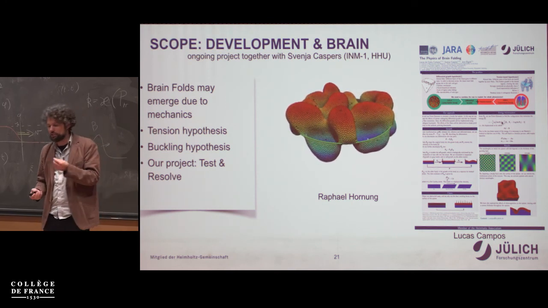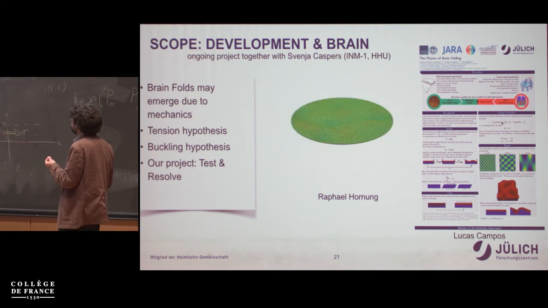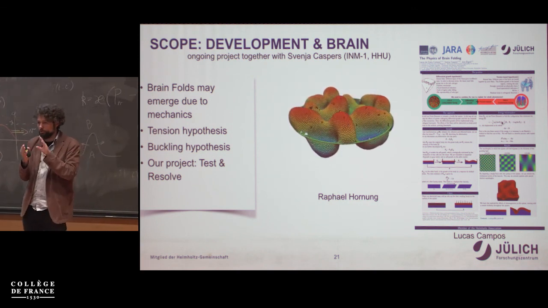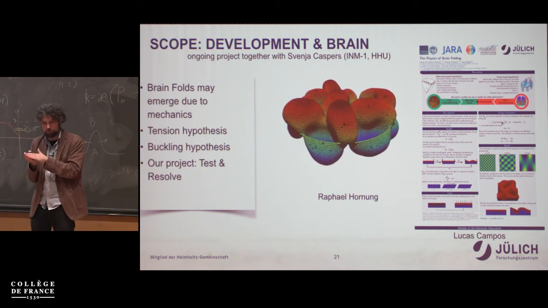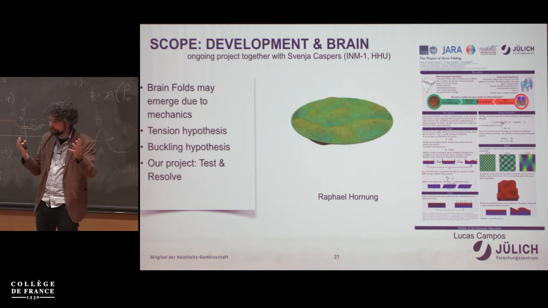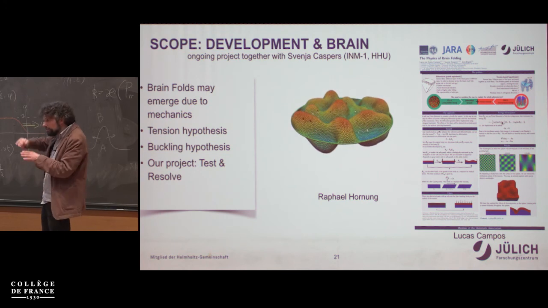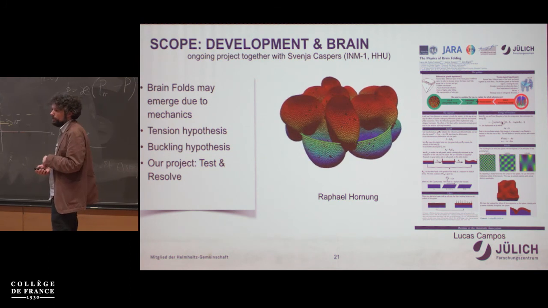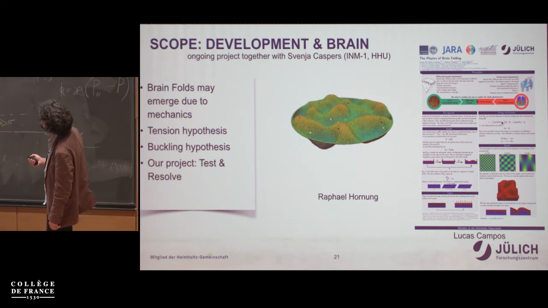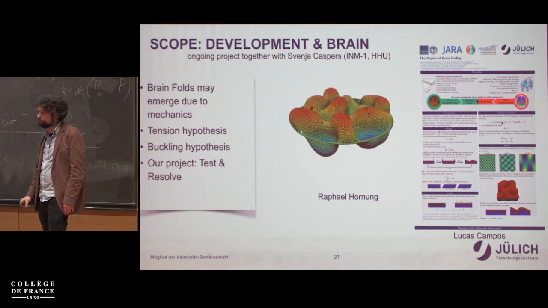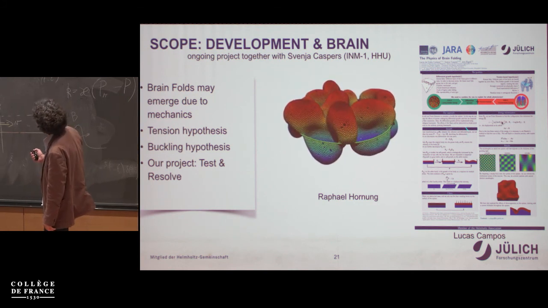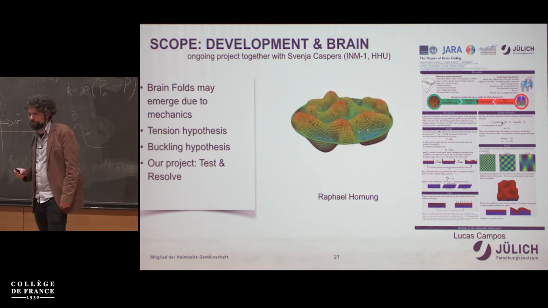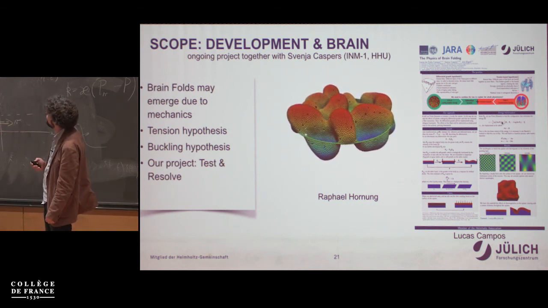And again, you can take those simulations that I showed you before, and you just add a potential that forces the cells to be in a two-dimensional manifold. They can still bend like a typical membrane, but only on a larger scale. So you get a growing membrane with a bending rigidity, and you see that it nicely buckles into complex structures. We are also using the same kind of approach to try to tackle something like brain folding, and yeah, there are a lot of difficulties going on there.